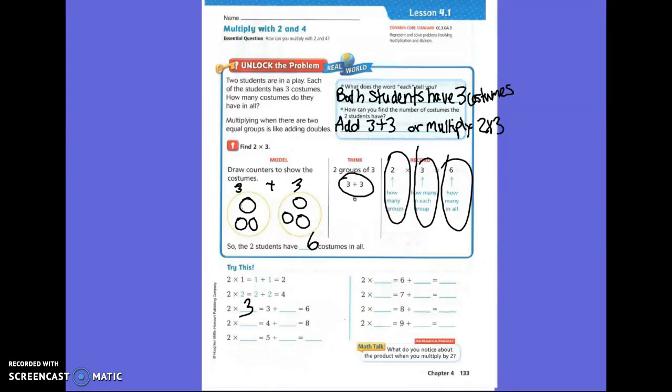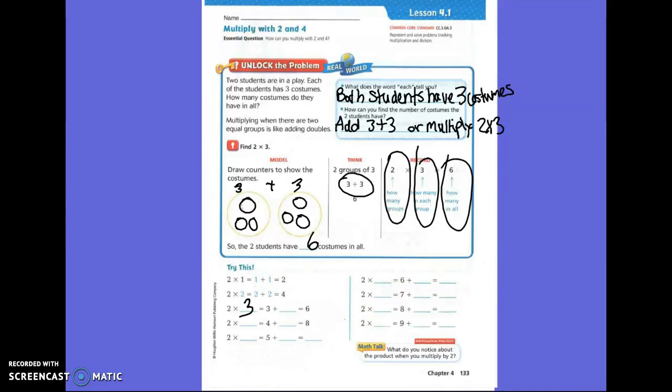Okay, hold on. Mrs. Ackerman messed this up for you. I'm sorry. Okay, 2 times 1 is the same thing as 1 plus 1. Look, that's what it says. 2 times 1 is 2, right? And then 1 plus 1 is 2, isn't it? Because you have 2 ones. 2 times 2 is 4 because 2 plus 2 is 4.